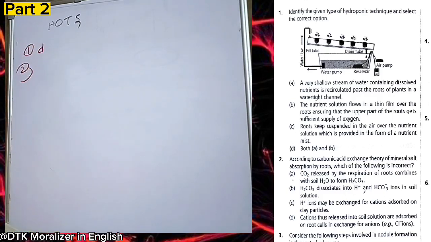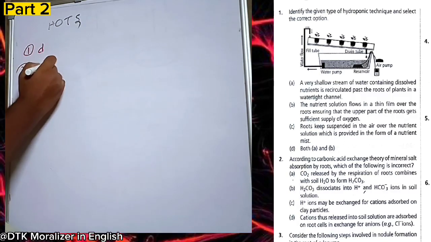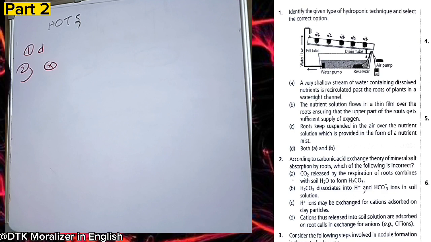Now question number 2. According to the carbonic acid exchange theory of mineral salt absorption by roots, which of the following is incorrect? CO2 released by the respiration of roots combines with soil H2O to form H2CO3.